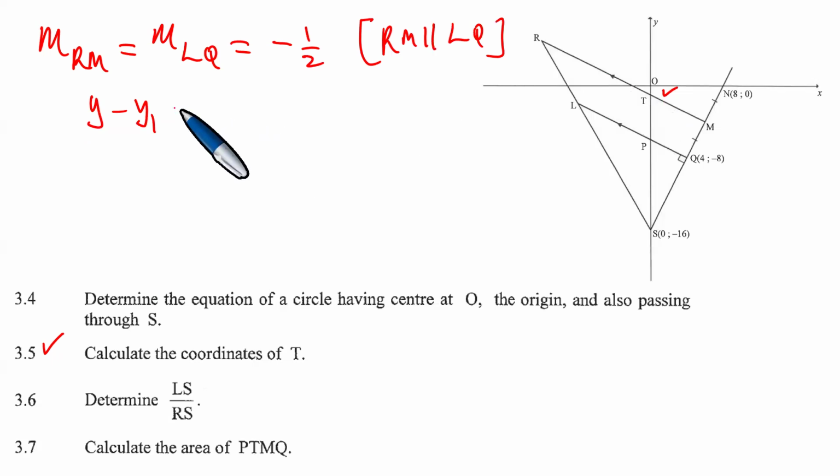The formula we use is the slope point form of the equation of a line, which is y minus y1 equals m into x minus x1.